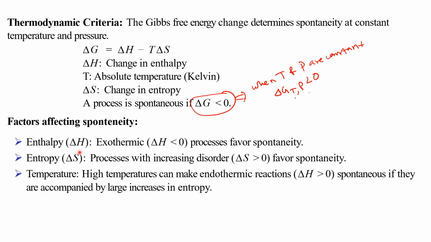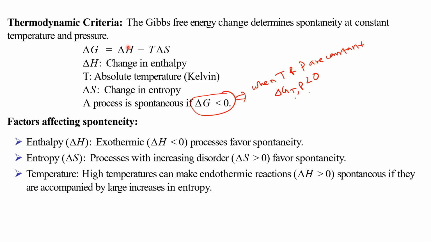Delta H: an exothermic process is when delta H is less than 0. An process with increasing disorder has delta S greater than 0. So when delta H is less than 0 and delta S is greater than 0, and T is the absolute temperature, which cannot be negative, in that case delta G will be negative.